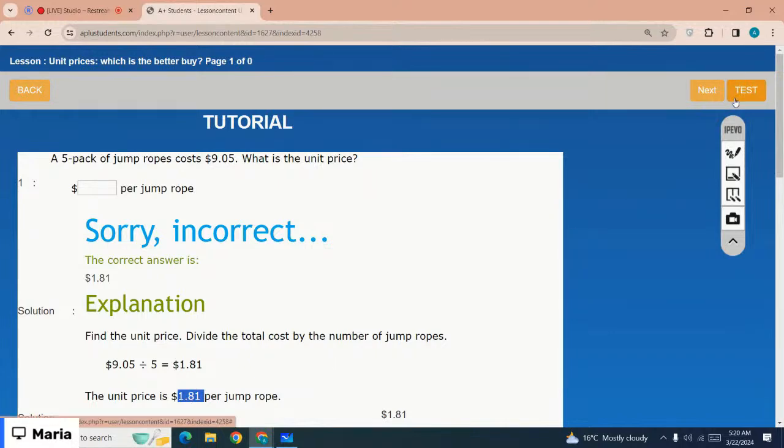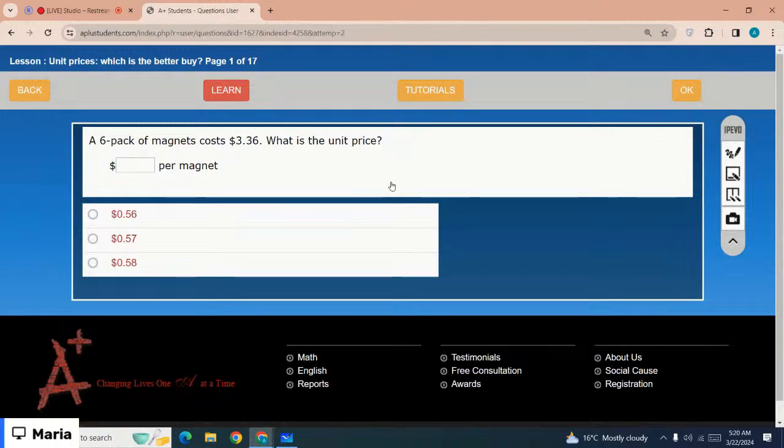Let's just start with the test questions. A six pack of magnets costs $3.36.